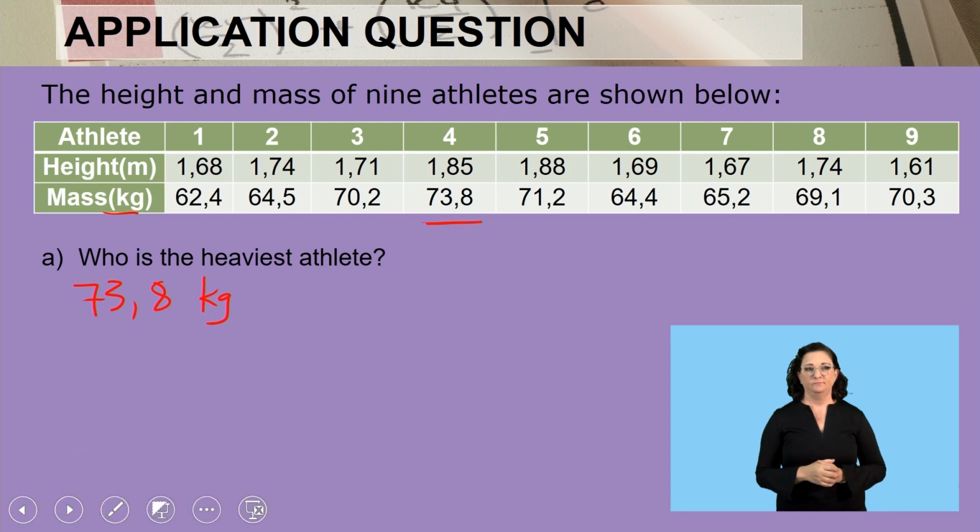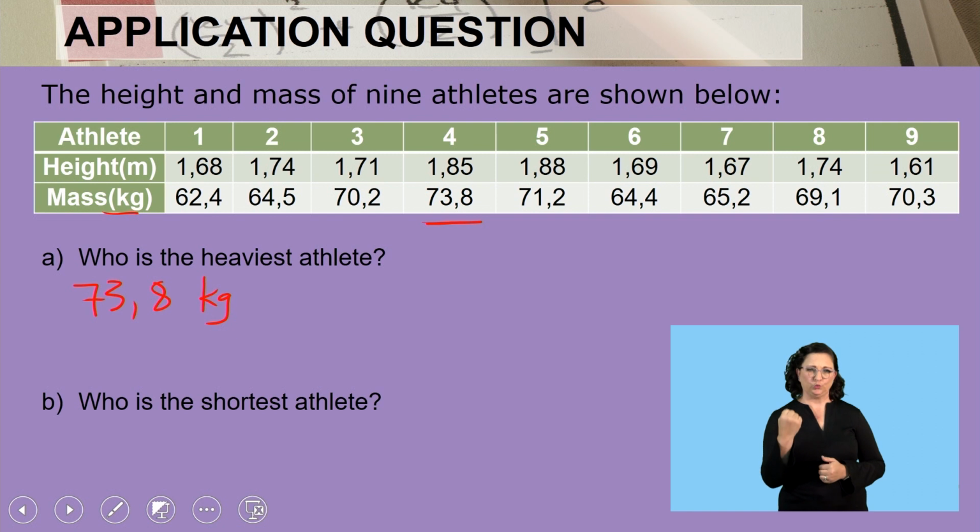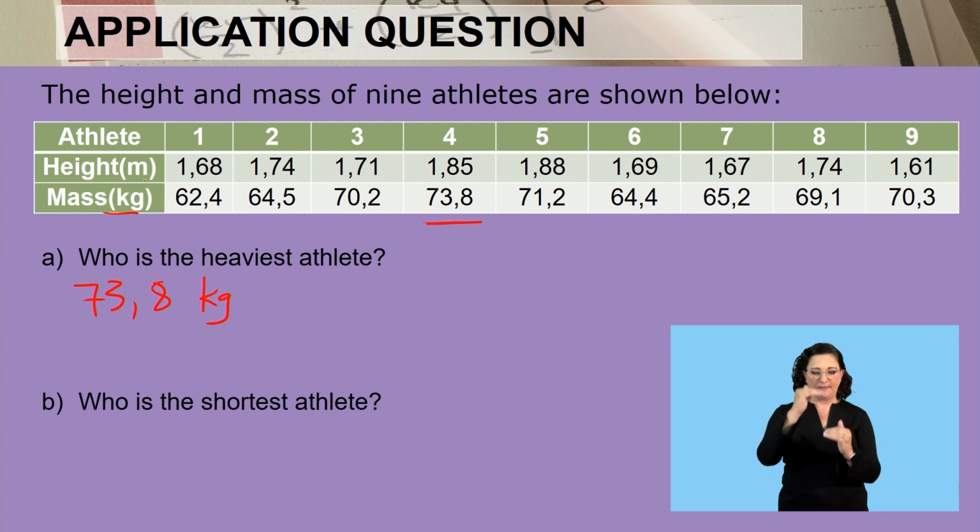Let's look at the next question. Who is the shortest? If we're looking at decimals, we want the smallest decimal value there. But we are looking at the height in meters. Who is the shortest? Yes, it's correct.